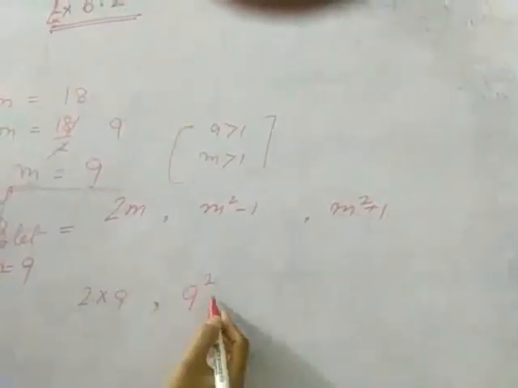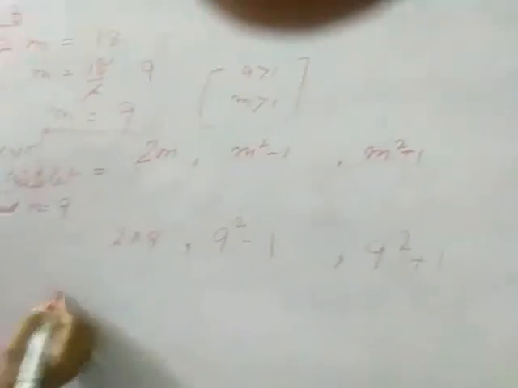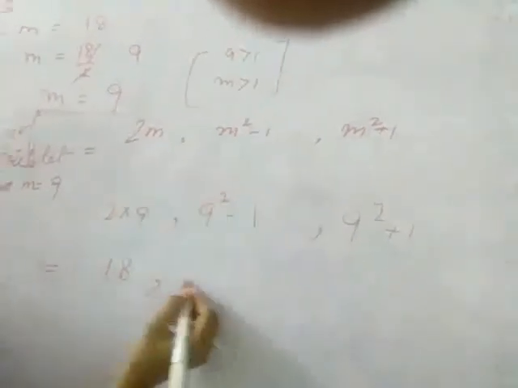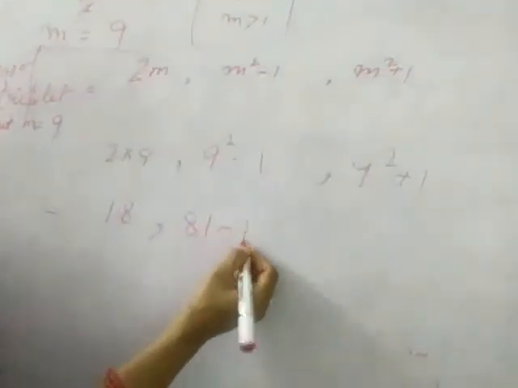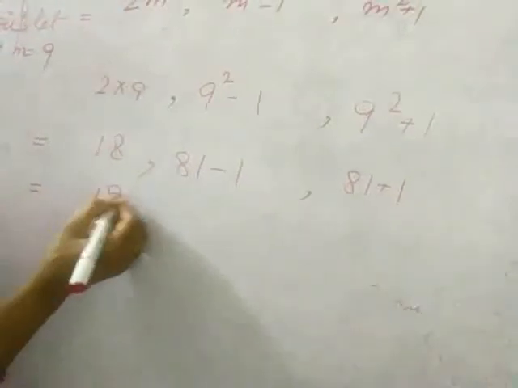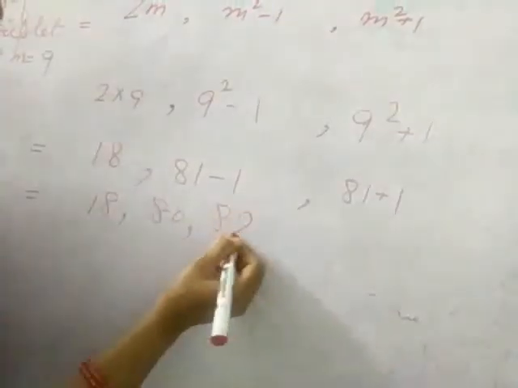So 9 square minus 1, or the third one is 9 square plus 1. Solve for this. 2 9s are 18. 9 square means 9 9s are 81 minus 1. And then we have 81 plus 1.